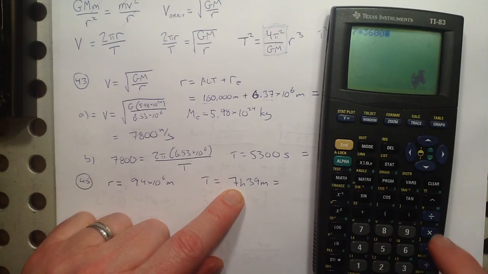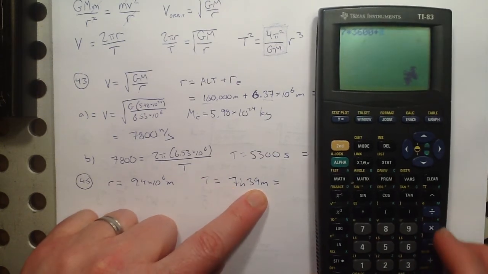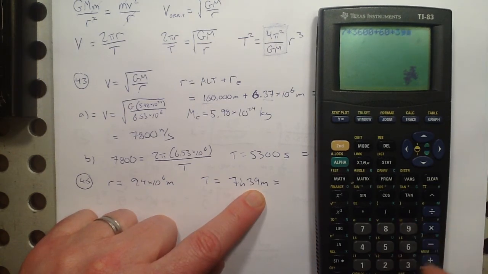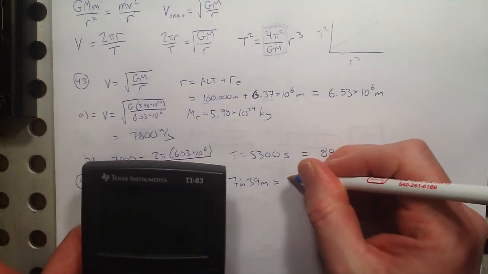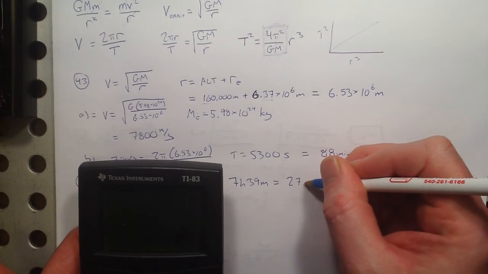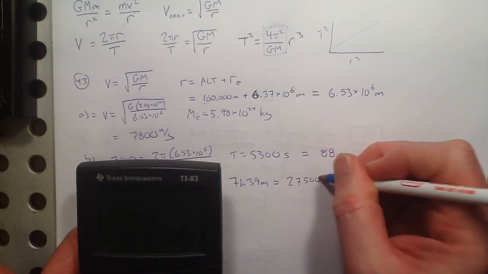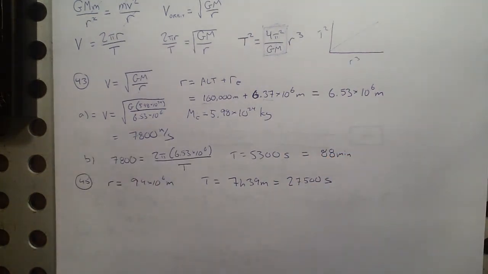That's 7 hours. Plus, there's 60 seconds in each one of these minutes. So that's about that many seconds. And they want us to use this data to calculate the mass of Mars.